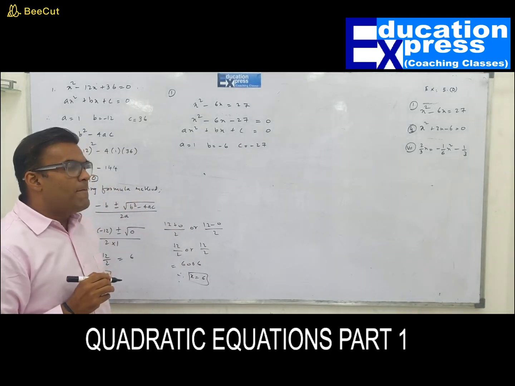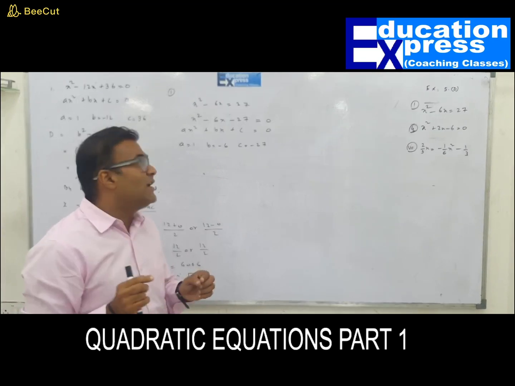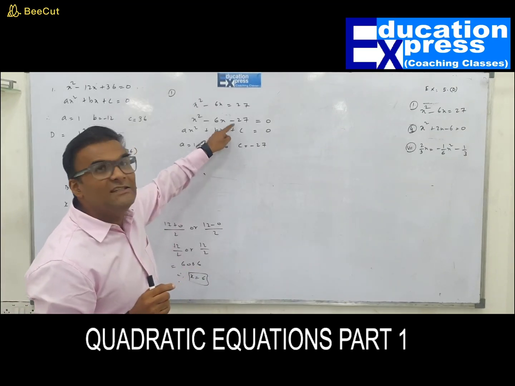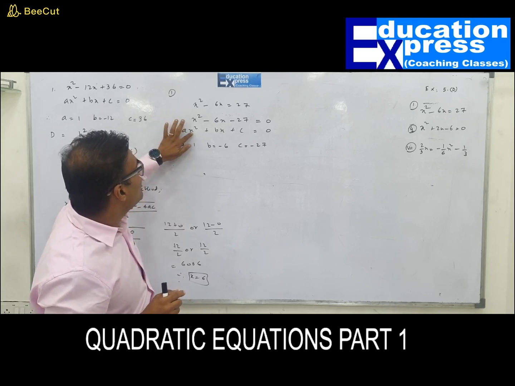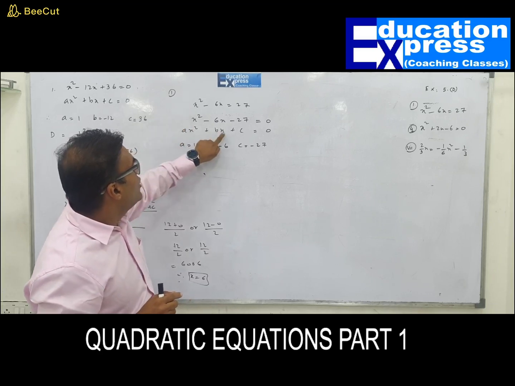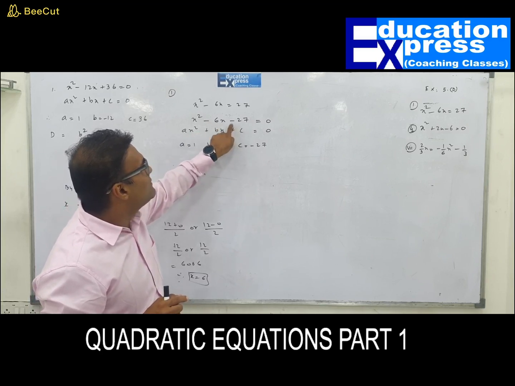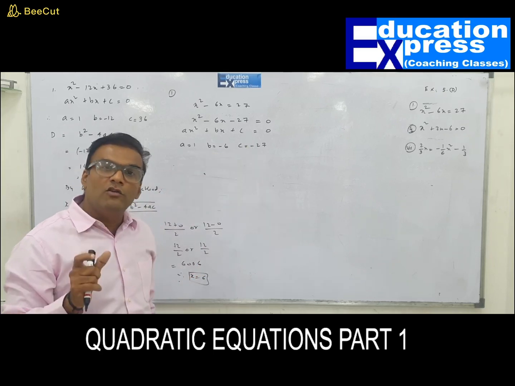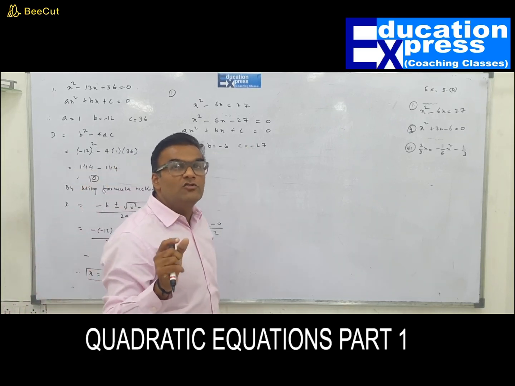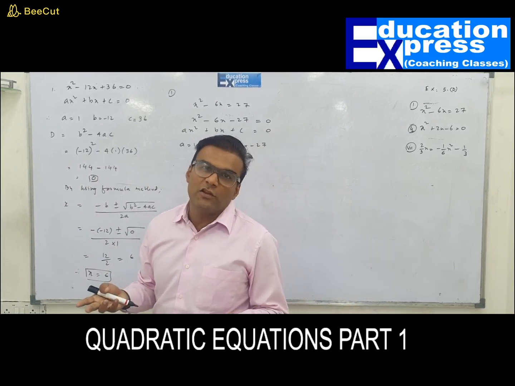Remember, don't unnecessarily make a silly mistake of not recognizing the negative sign. Do compare: the coefficient of x squared, a, is 1. The coefficient of x, which is b over here, is minus 6, and c is minus 27. If you make any sign error over here, your entire result is going to get impacted and you will be unnecessarily losing 2 or 3 marks for no reason.